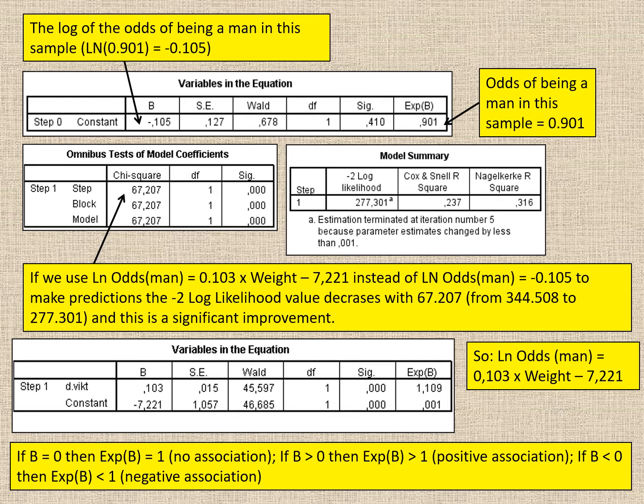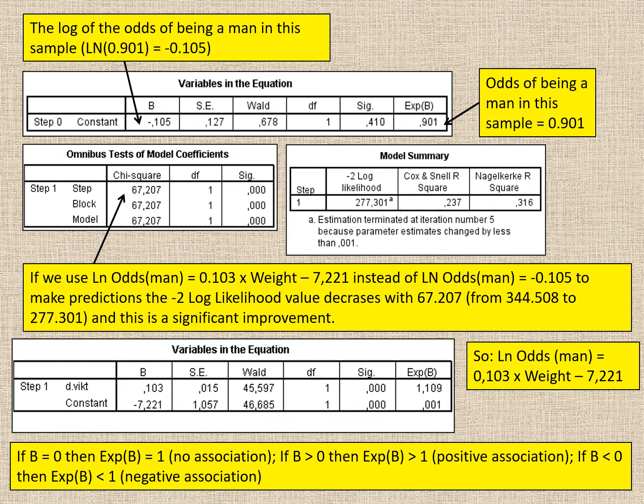So by adding weight as a predictor into the model, the minus 2 log likelihood value decreases by 67.2, from whatever it was in the null model to 277.3.